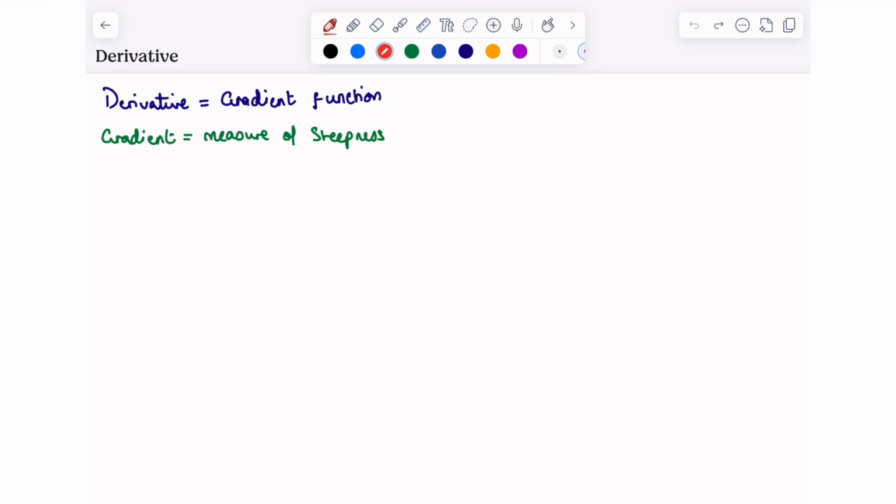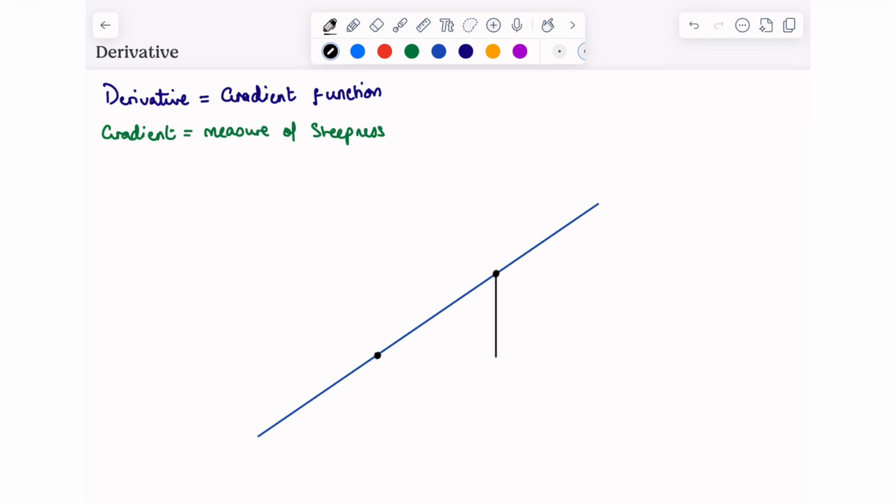Okay, so simple. Now, if I have a straight line like this, how can I measure the steepness of this line? Or how can I find the gradient of this line? Well, if I pick 2 points and form a triangle like this, this is change in y, how much it moves in the y direction.